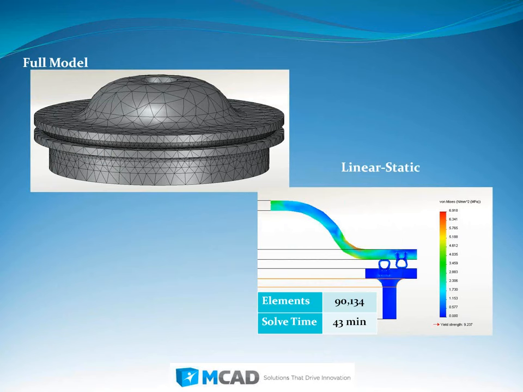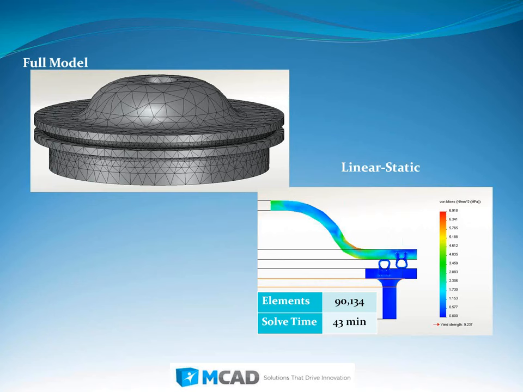Okay, so looking at the full solid mesh model, getting an idea of what it takes to solve this type of problem. What we have here is a von Mises stress plot for a linear static study. So we've got an indication of the number of elements that would be involved for this very coarse-looking mesh, as you see in the top left.